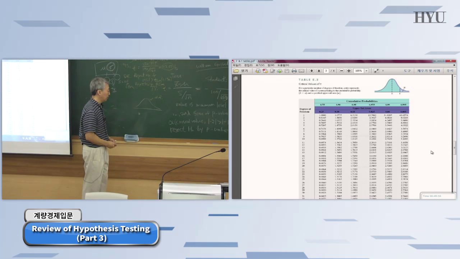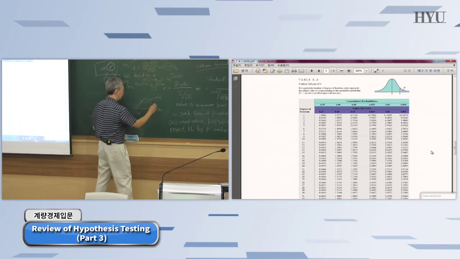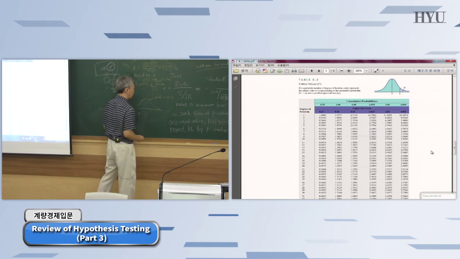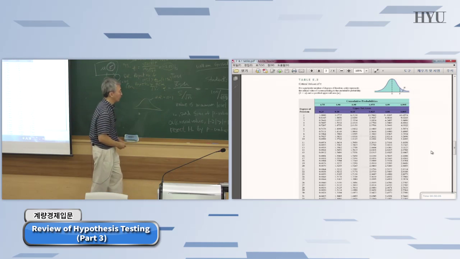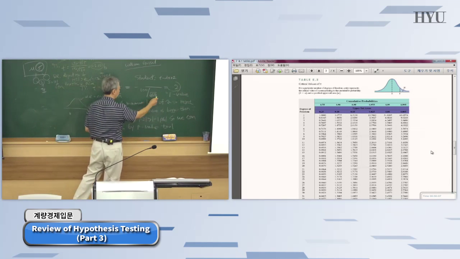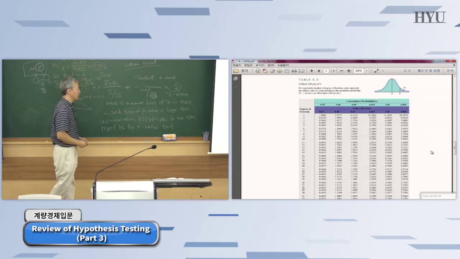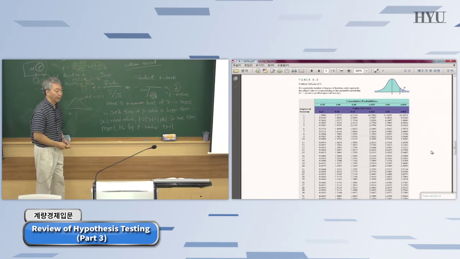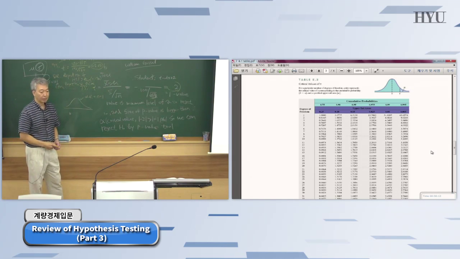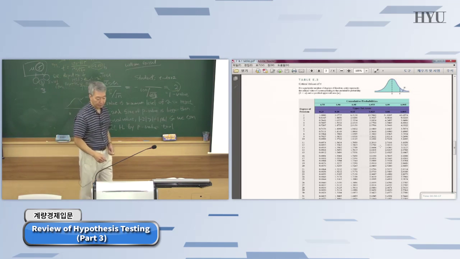For our purposes in this class, degrees of freedom so far in this hypothesis testing should be n minus 1. So for example, in this problem, if you have a sample size of 64, then your degrees of freedom is 63.